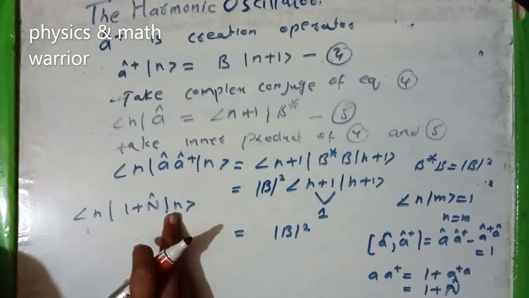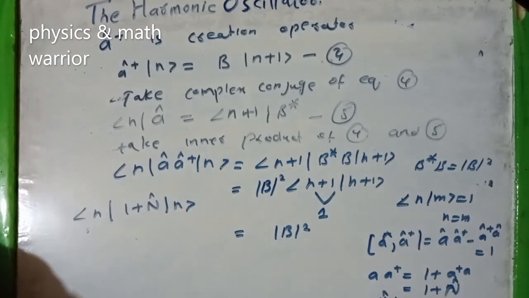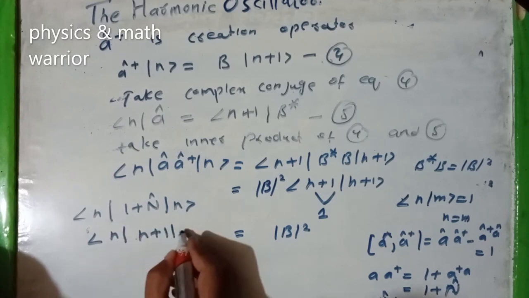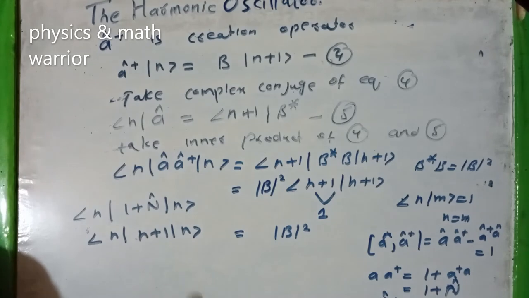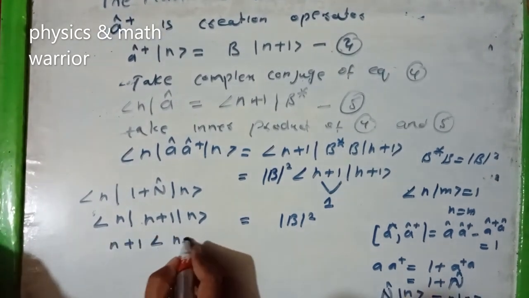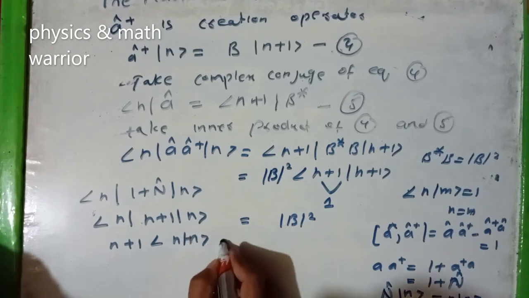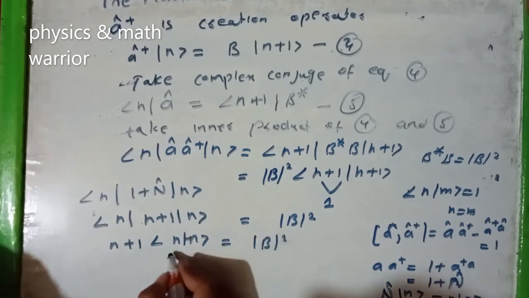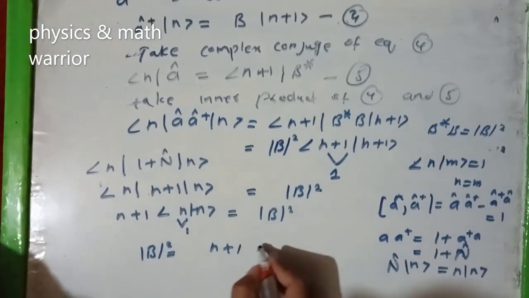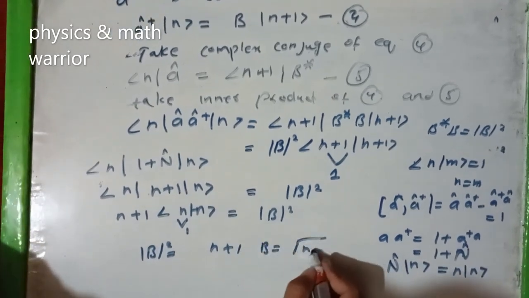When the n operator acts on n, it gives the n eigenvalue. So this term is equal to n plus 1 n. Since n plus 1 is constant, we will take it outside. So this becomes n plus 1 inner product of n and n, and this term is equal to 1. So B square is equal to n plus 1, and B is equal to square root n plus 1.